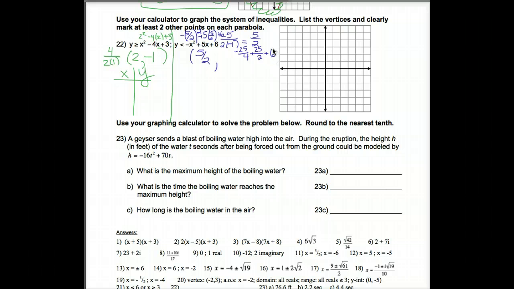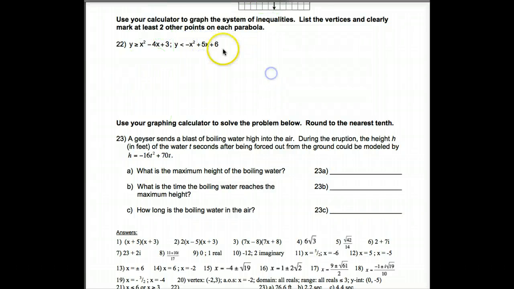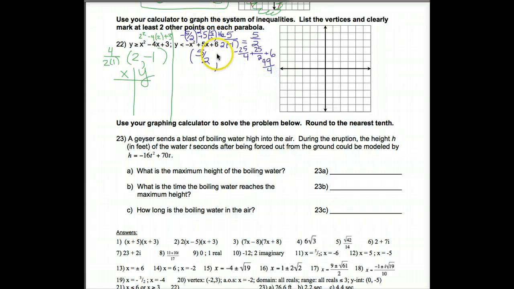So if I've got -25 over 4 plus 25 over 2, that's going to give me +25 over 4. And then when I add the 6, it's going to give me 49 over 4, which is 12 1/4. So that means we're looking at this as your vertex.